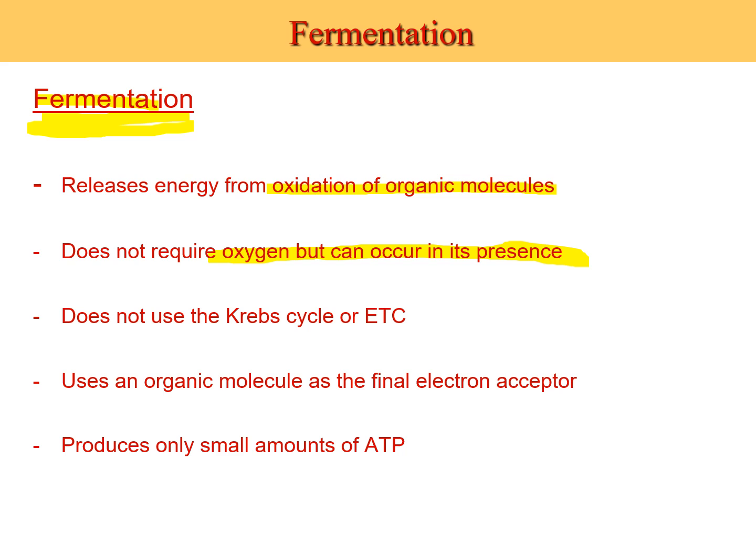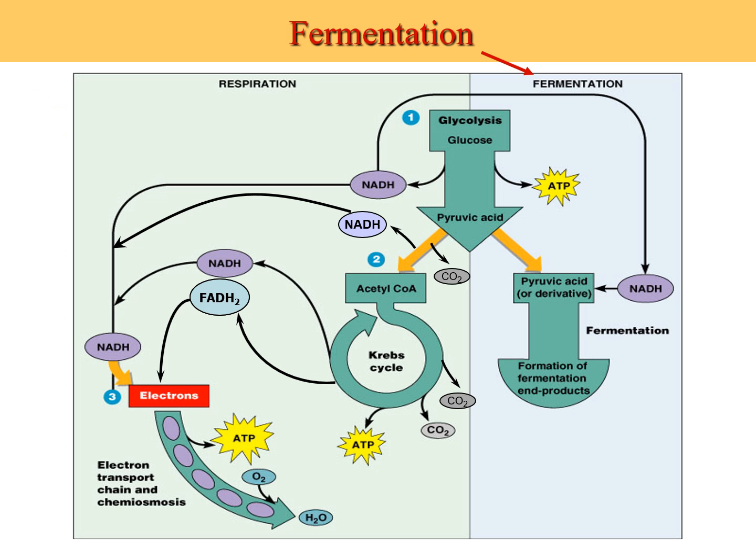They cannot carry out aerobic respiration. It doesn't use the Krebs cycle or the electron transport chain. The final electron acceptor is going to be an organic molecule. When we talk about final electron acceptor, we mean that whatever energy is left will go into an organic molecule, right? Only small amounts of ATP are produced in this process, relative to aerobic respiration.